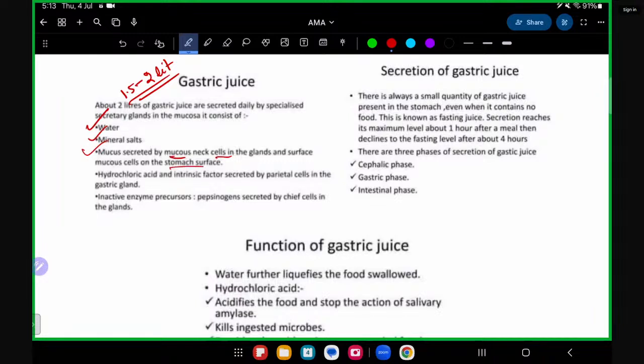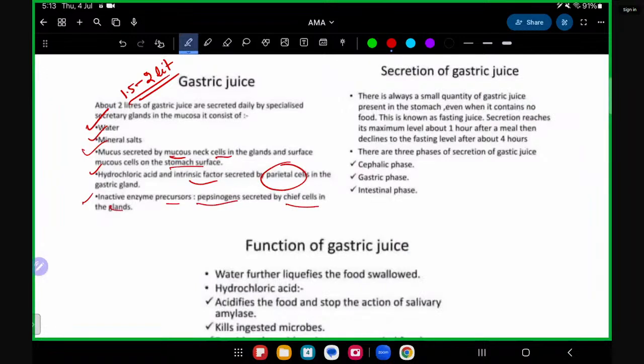Then the fourth and important ones are hydrochloric acid and intrinsic factor, secreted by the parietal cell. Last is the inactive enzyme precursor, the pepsinogens, which are secreted by the chief cells in the gland.